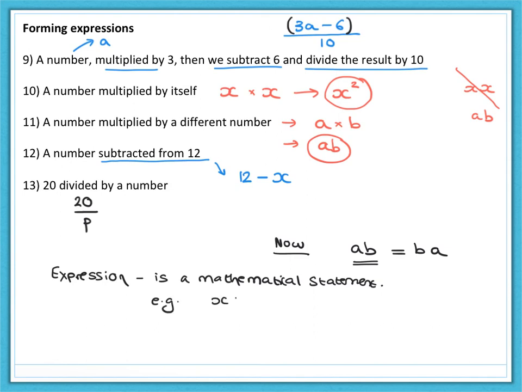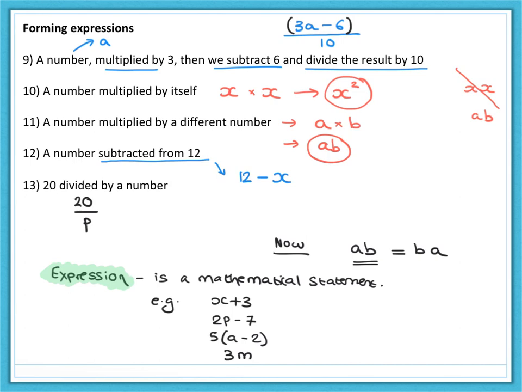So x plus 3, 2p minus 7, 5 brackets, a take away 2, 3m. These are all examples of expressions, and it's important that you understand that a mathematical statement or an expression just tells you what to do with your number, which is being represented by a letter.